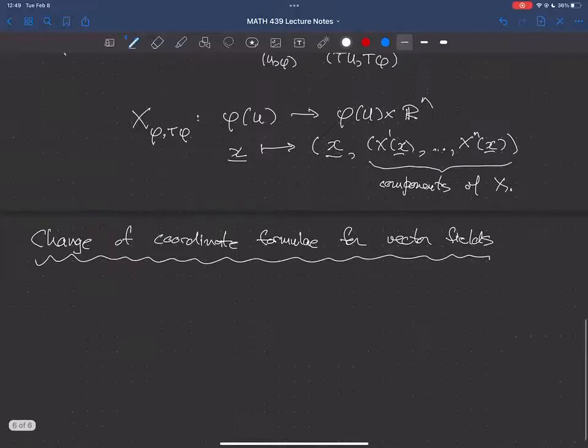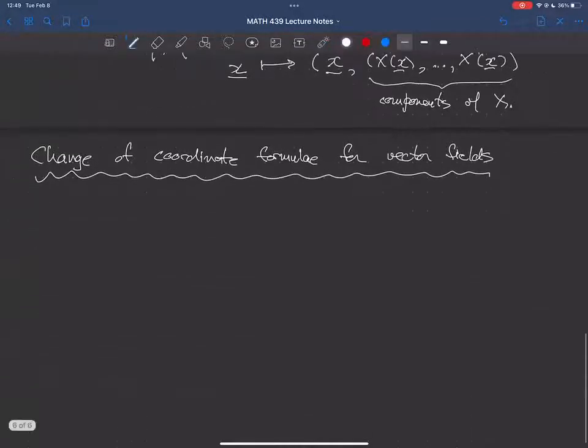Remember what the overlap map for the tangent bundle does. Maybe let me explicitly write it down.